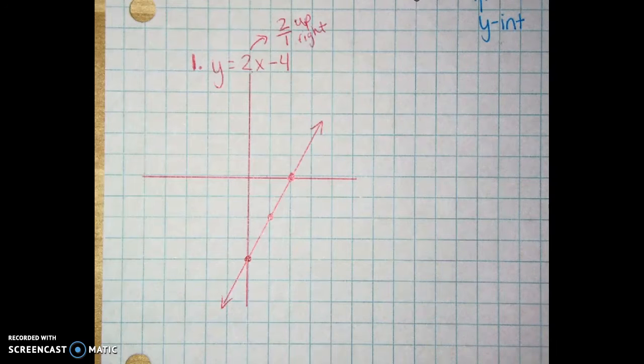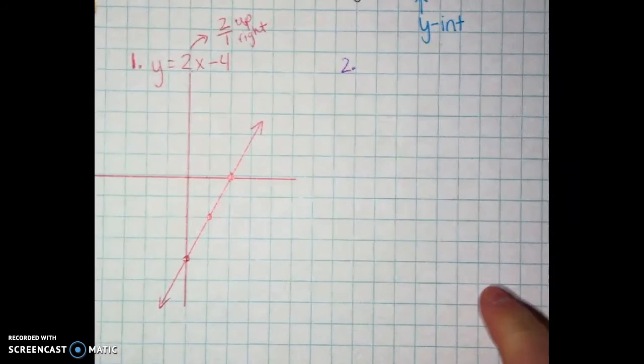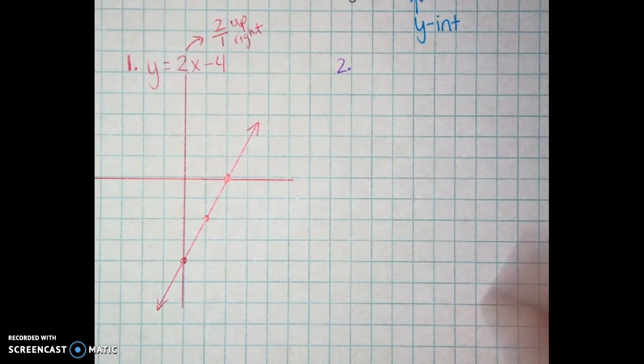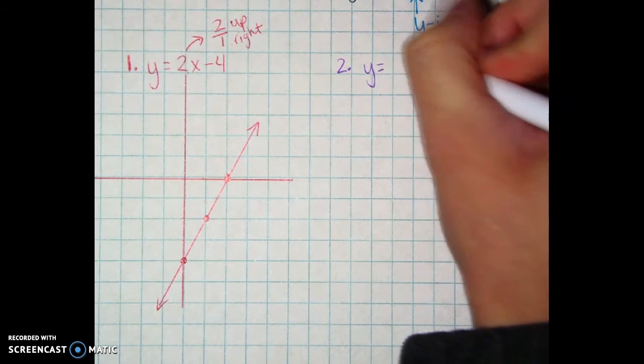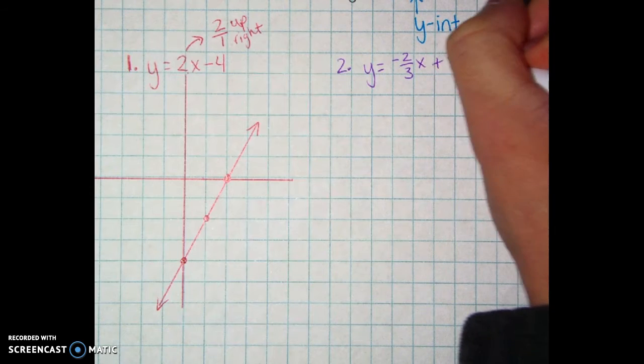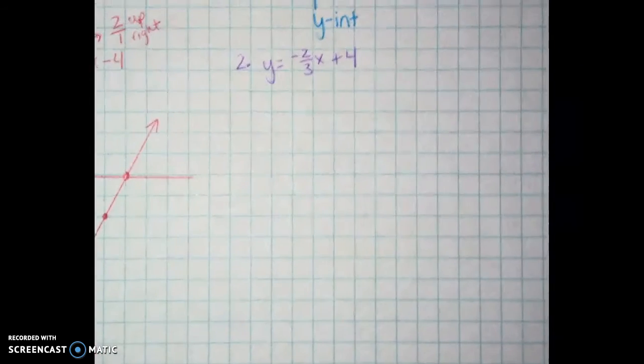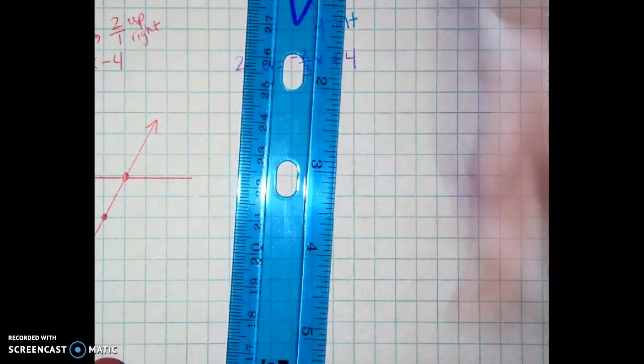Okay, let's try another one. Let's do y equals -2/3 x plus 4. So for this one, you're going to start with a graph again.